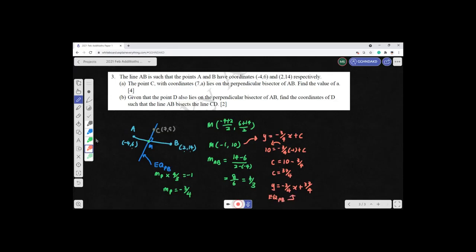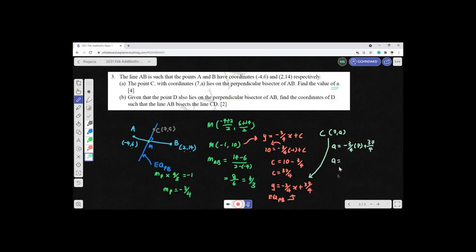They say there is a coordinate C, which is 7, A, that lies on this perpendicular bisector equation. So in order to find A, because the question asks to find the value of A, I substitute the y to A, the x to 7, and I continue to find the answer.